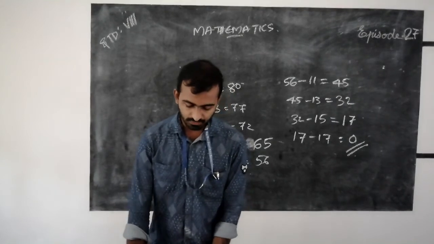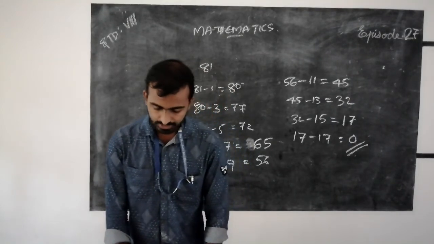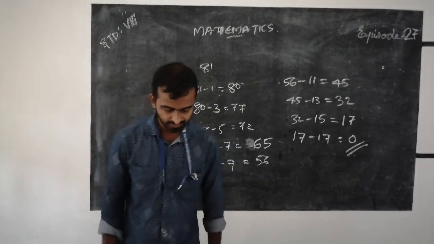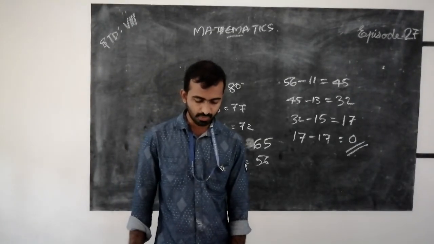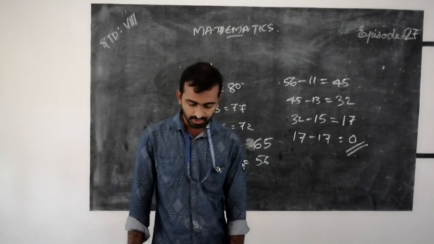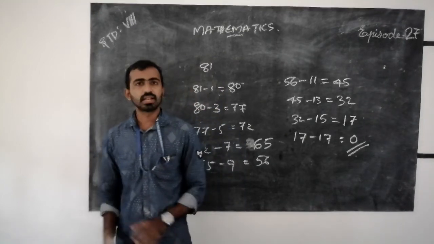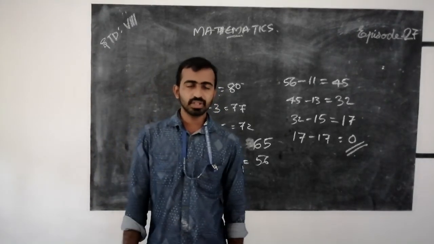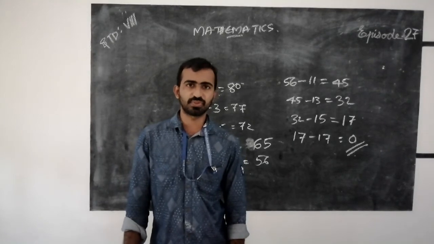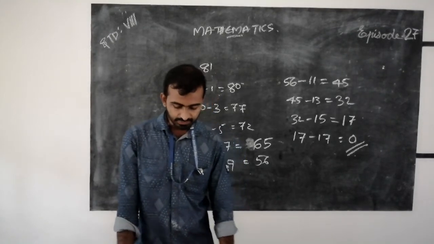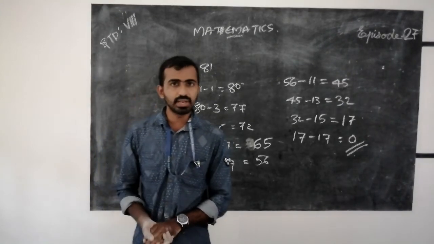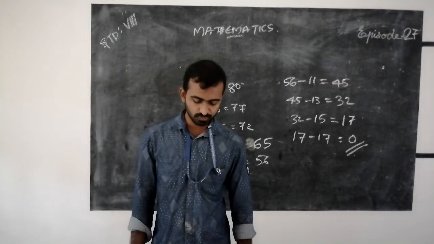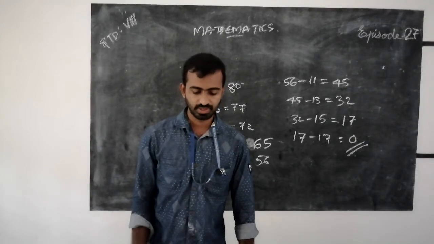And next we are going to discuss the square as a sum of consecutive natural numbers. That is, 3 square is 9. That means 4 plus 5. That means 3 square minus 1 by 2.